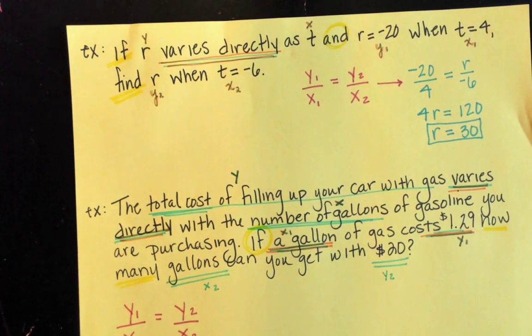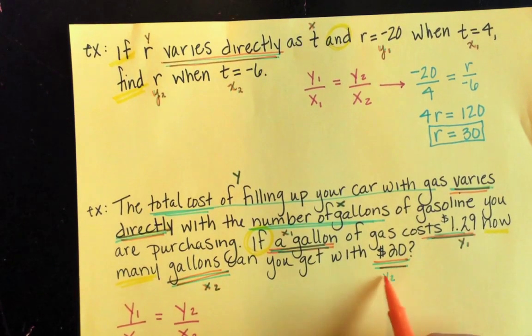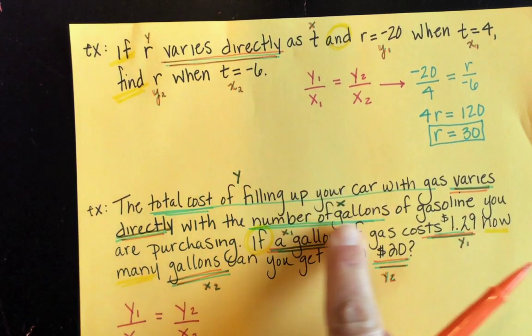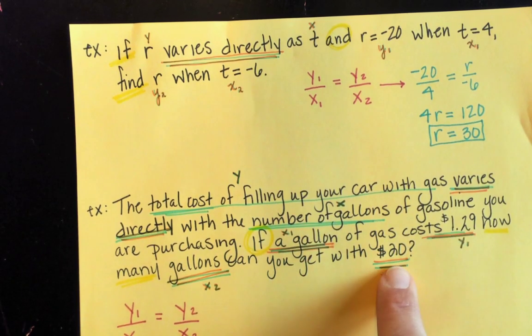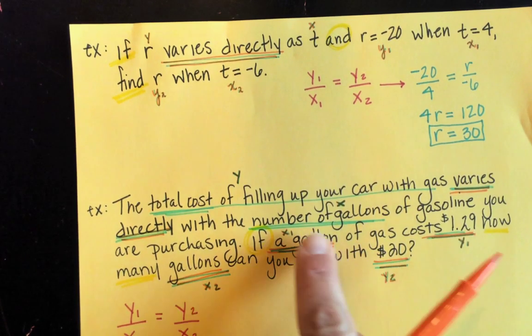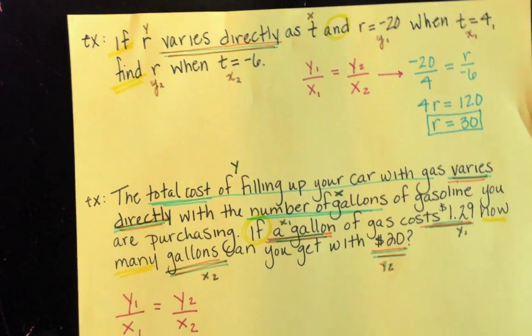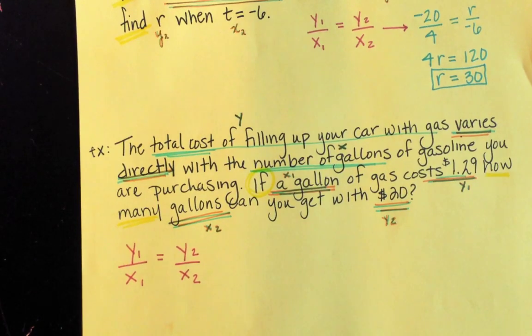So we do have to pay attention to the labels. We just have to make sure that what we started with on top, total cost was y, number of gallons was x. So everywhere I see a cost, that has to be my y's. Everywhere I see the gallons, that has to be my x's. The hard part is now done. We've labeled everything. We know what formula to use, and now it's just a matter of plugging everything in.